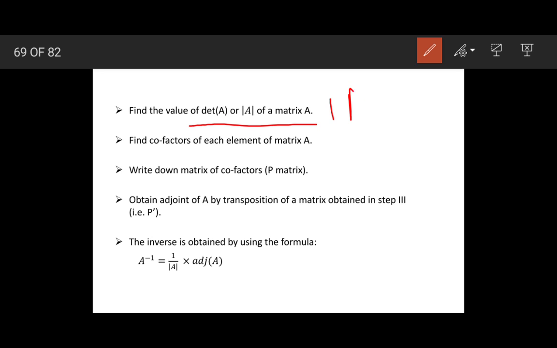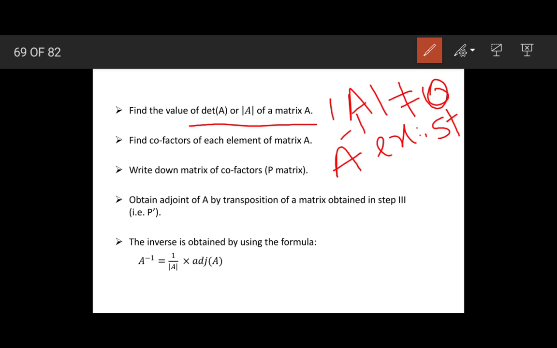Just to check whether the determinant of A is non-zero or not. Our condition is that A should be a non-singular matrix. So first we find the determinant of A, and it should be non-zero, not equal to 0. If the determinant of A is not equal to 0, then only A inverse exists.